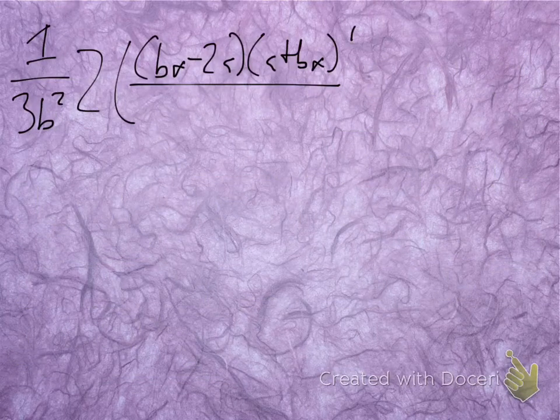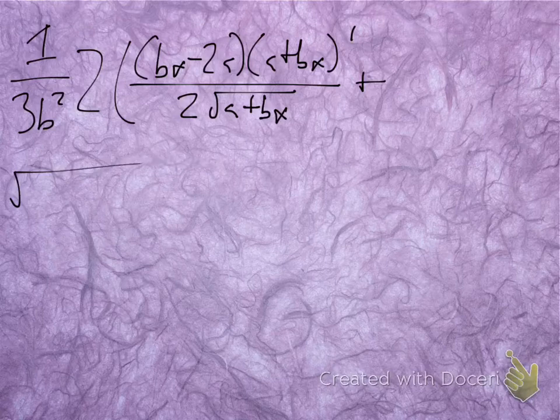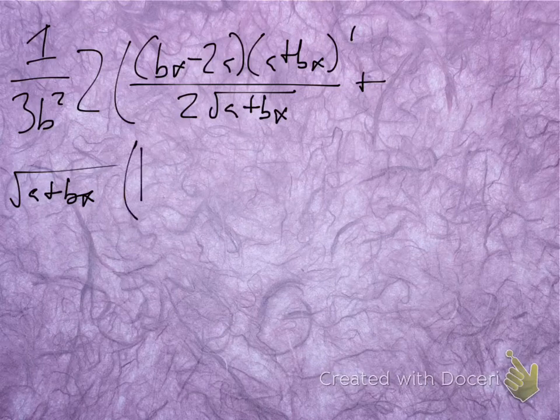Yes, okay. Over 2 times rad a plus bx, which should be our u, and this is going to be added to rad a plus bx times, factor it out, b times x prime minus 2 times a prime.